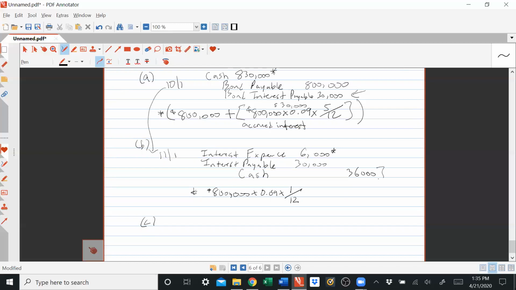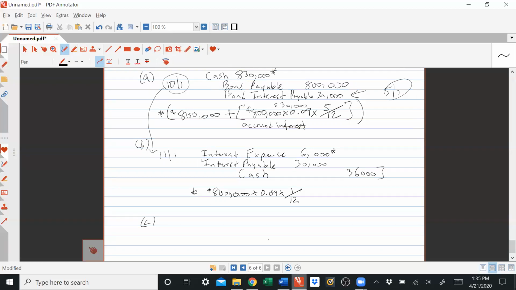And this 36 is just like taking 800,000 times 9% times 6/12, semi-annual. We had to establish this interest payable right here because our date of issuance was 5 months after the date on the bond certificate, which was May 1st.